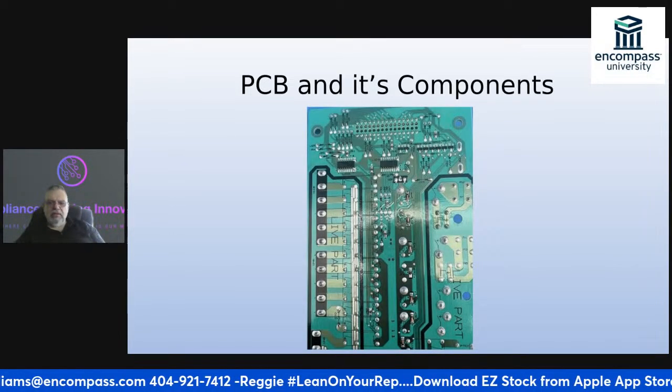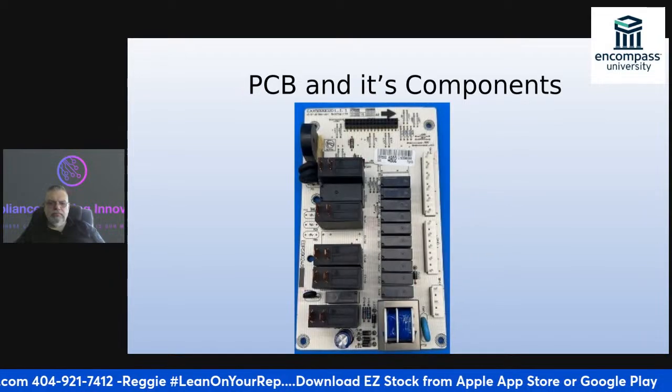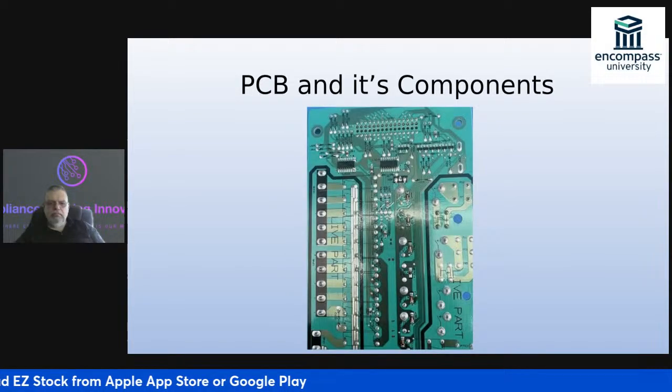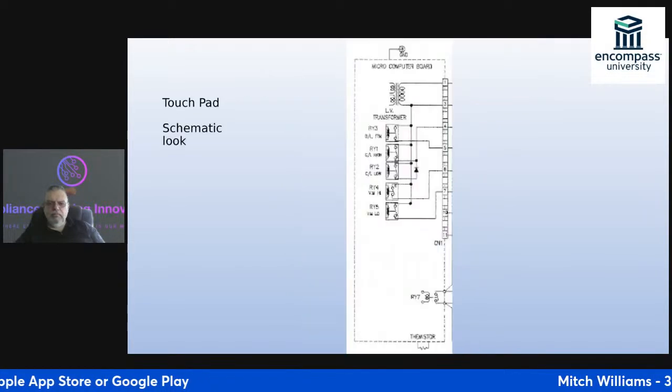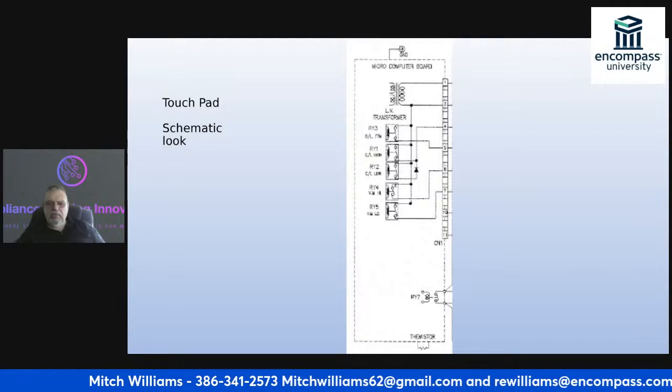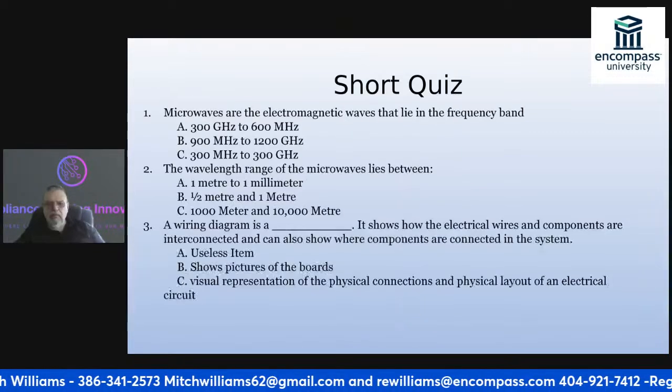Actually, I got to go back to this one. There's my low voltage transformer right there on the bottom. So right here are all of the switches. There's a thermistor at the bottom right here.